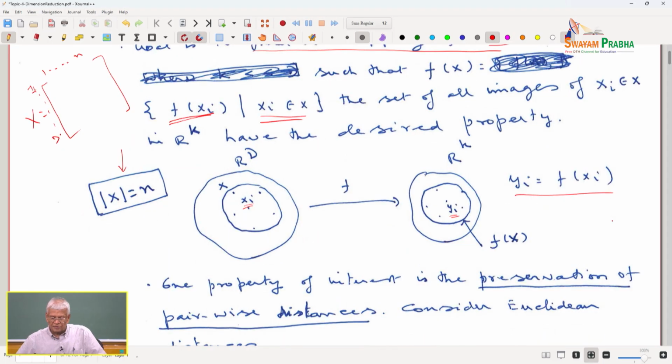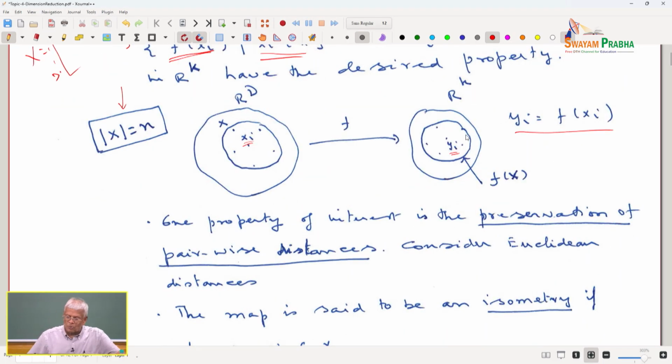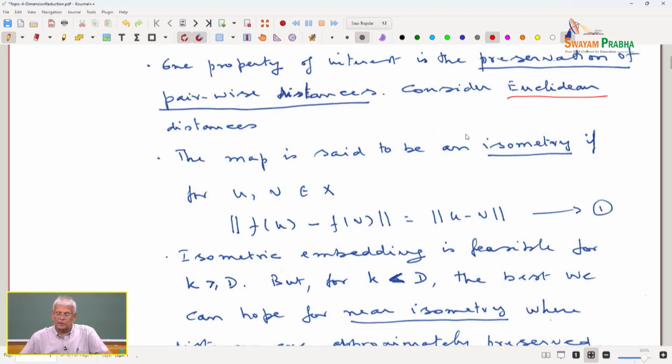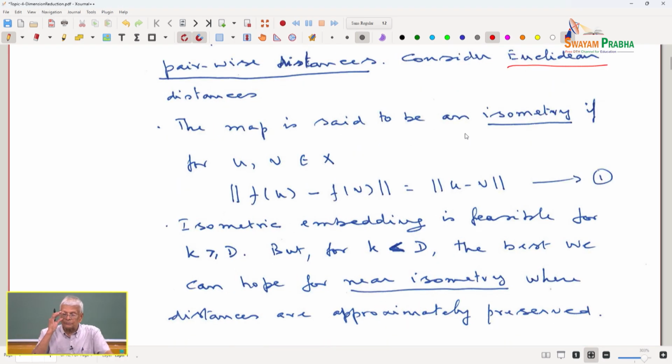One property of interest is the preservation of pairwise distances, pairwise Euclidean distances. You already know that we can consider distances in various measures. Right now, we are only going to be concerned with Euclidean distances. A map is said to be isometric if the distance between the original objects in R^D is the same as the distance between the images in R^k.